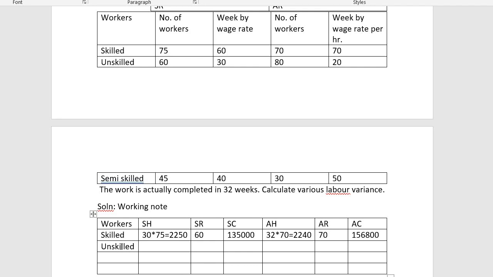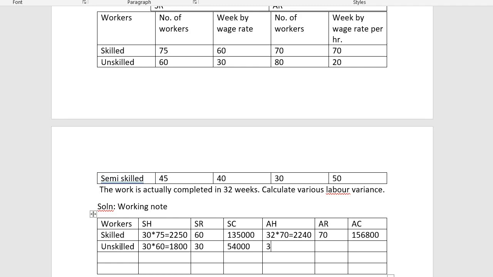Next, you can go for unskilled. Here the standard week is 30, number of workers are 60, equals 1,800 standard hours. The standard rate is 30, so the standard cost will be 54,000.